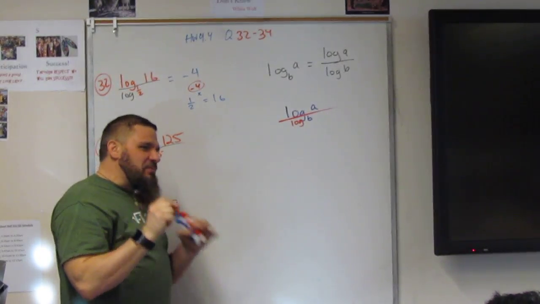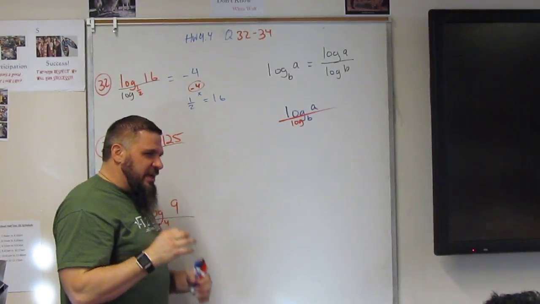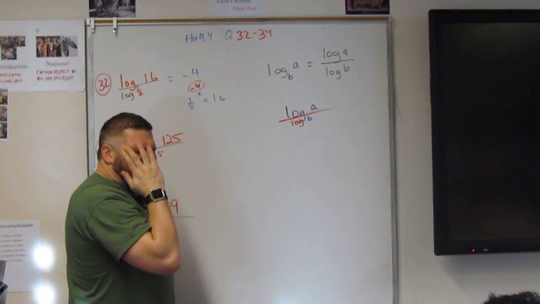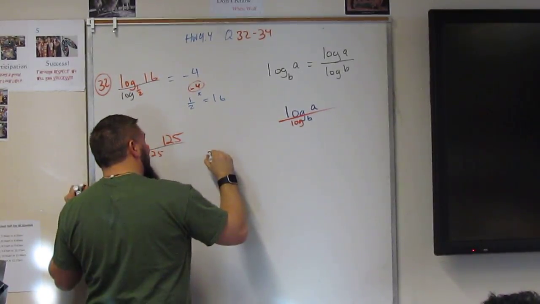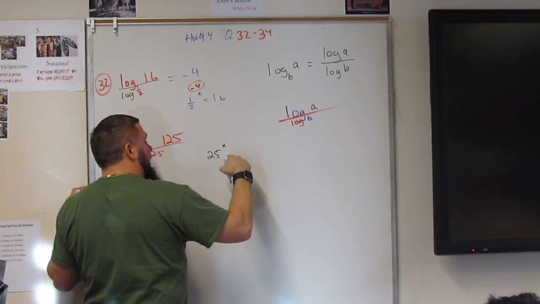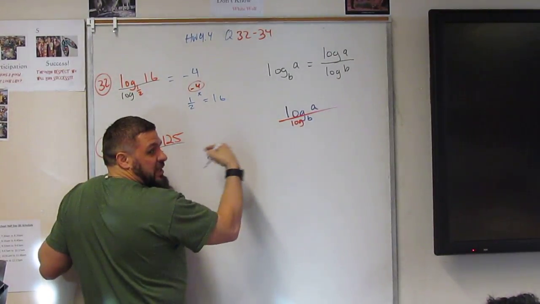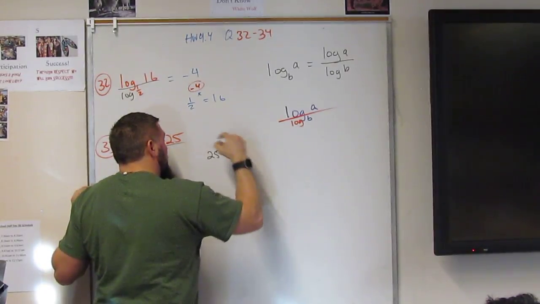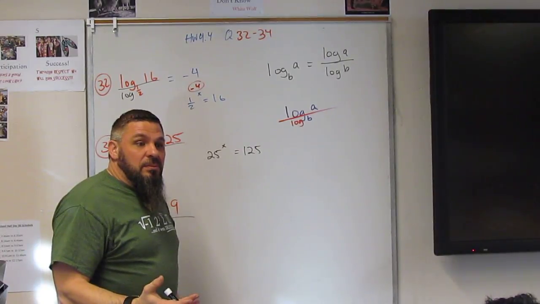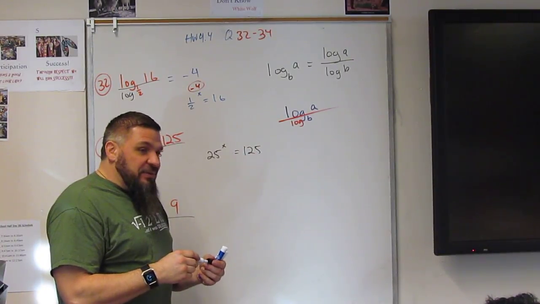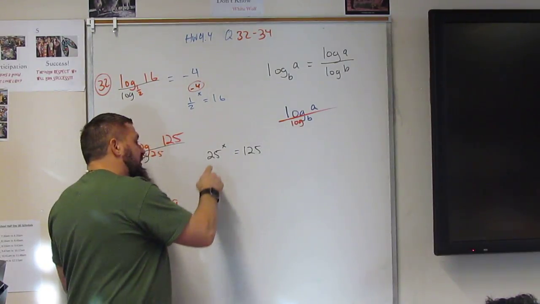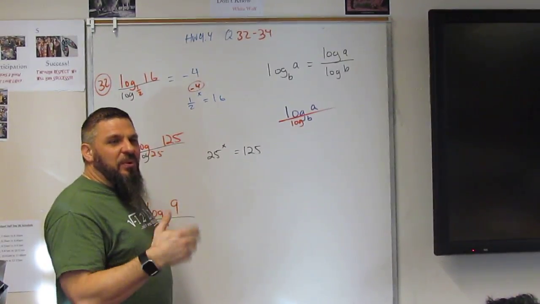We can plug this one into the calculator too, but think about this for a second. I'm not sure if I'm right on this, but I started thinking about it and I think I can do this in my head. So this is 25 to what power is equal to 125. We know that 5 times 25 is 125.